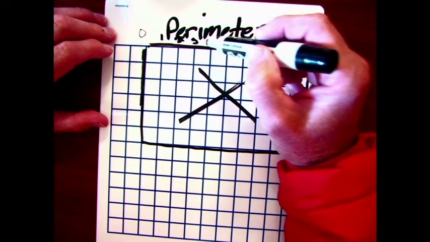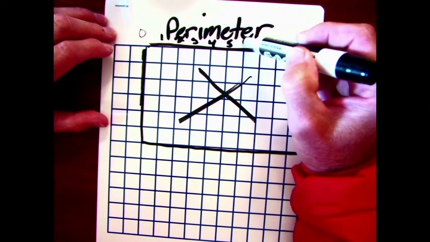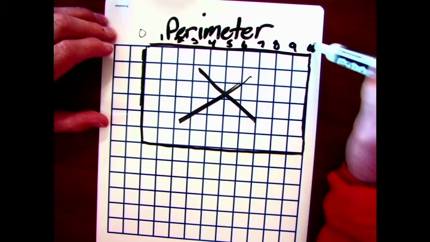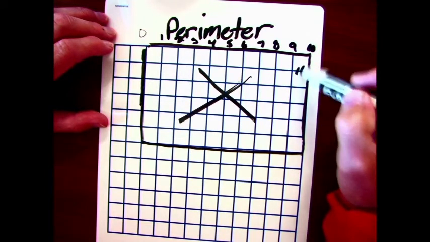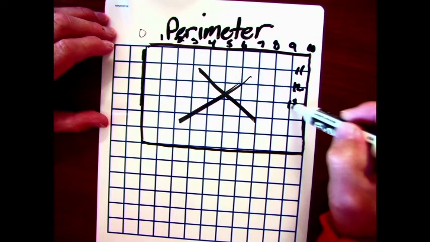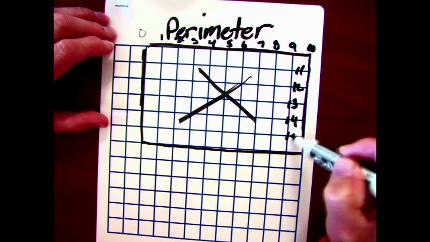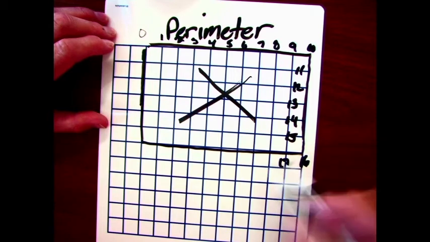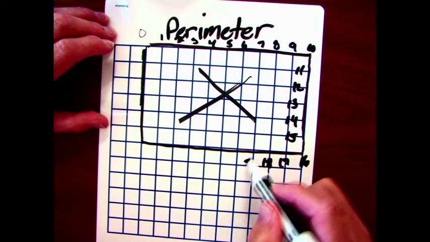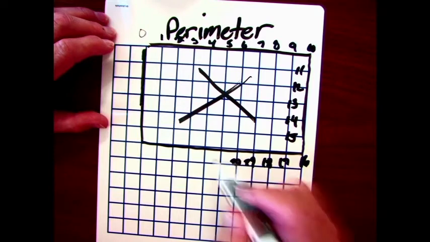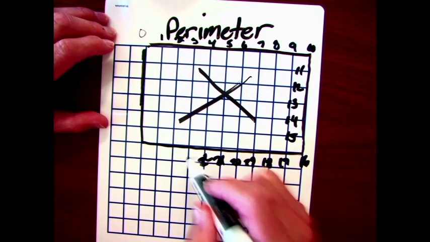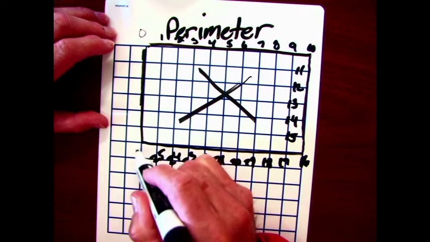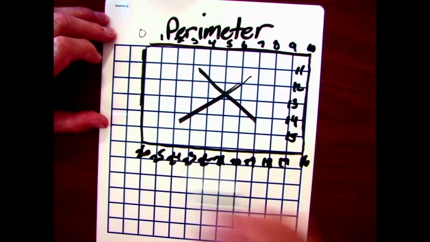This is 1, 2, 3, 4, 5, 6, 7, 8, 9, 10, all the way to this edge, 11, 12, 13, 14, 15, 16 down this corner, 17, 18, 19, 20, 21, 22, 23, 24, 25, 26.